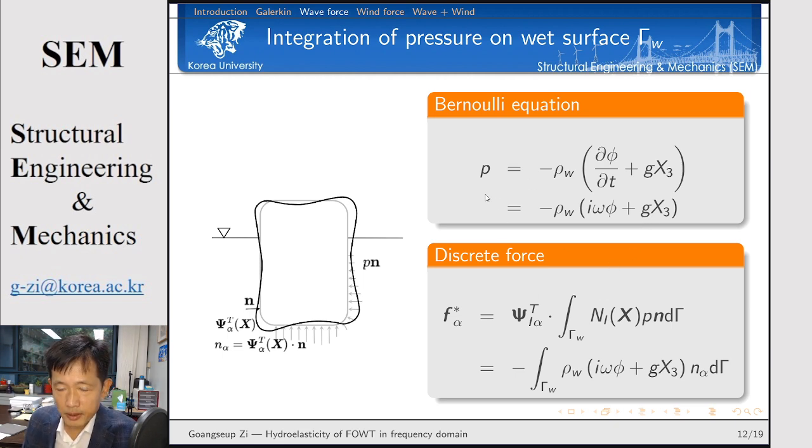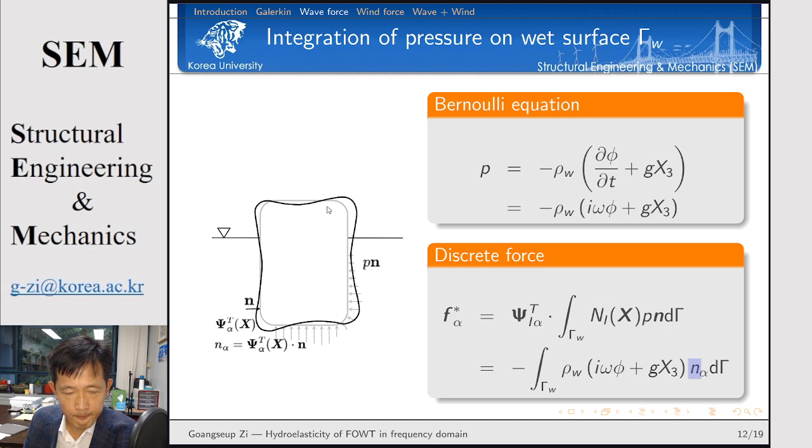If you plug the pressure into the discrete force, here I have the shape function, here the modal displacement, and here the pressure. Then we have n alpha as we defined: the modal displacement dot product with the shape function is equal to n alpha at this position. This is the discrete force.